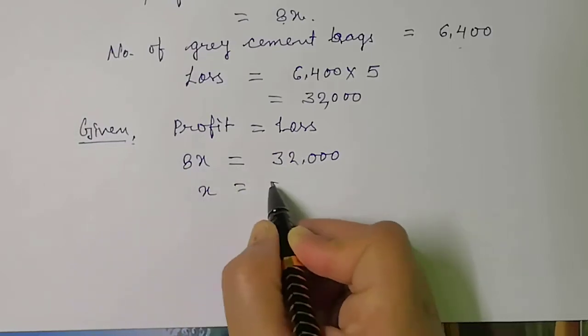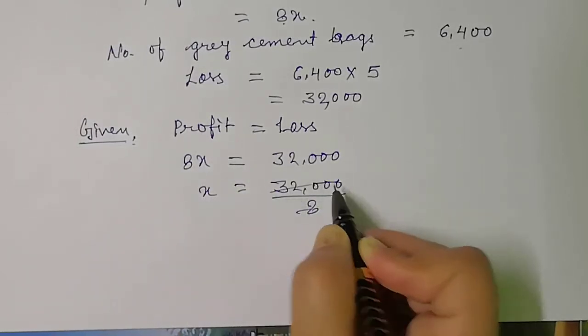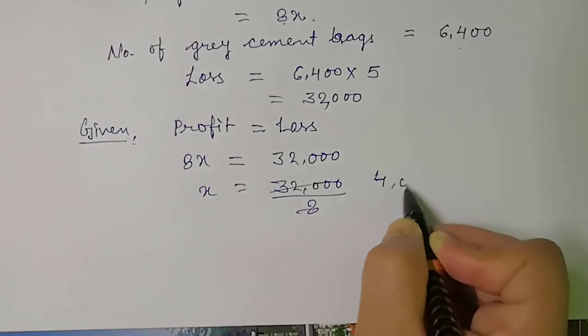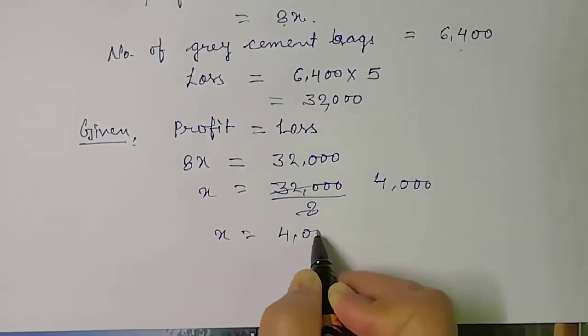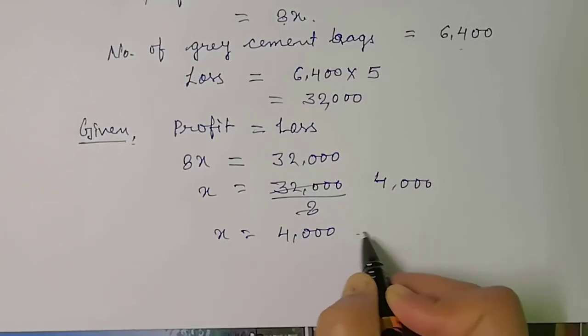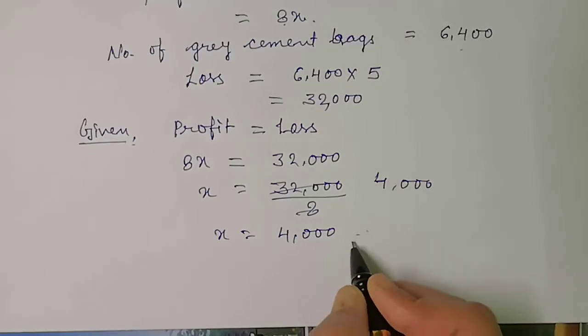And we get 4,000. That will be the number of white cement bags.